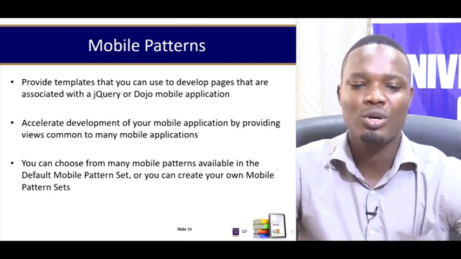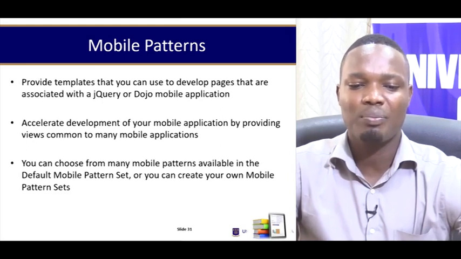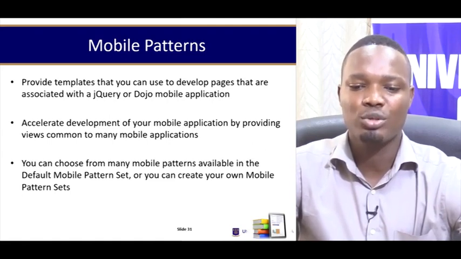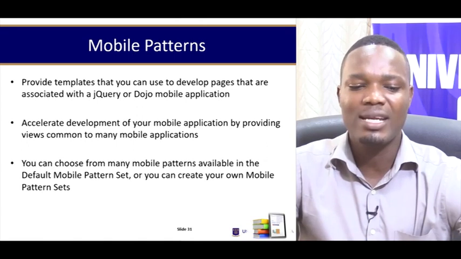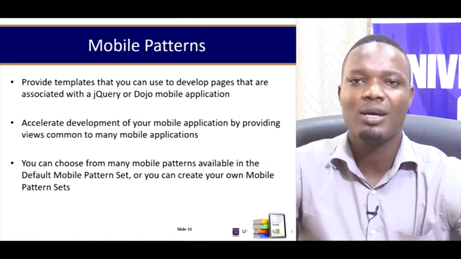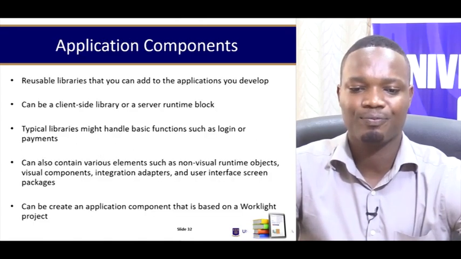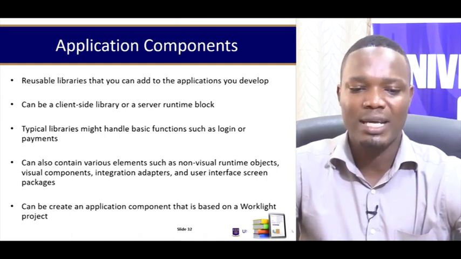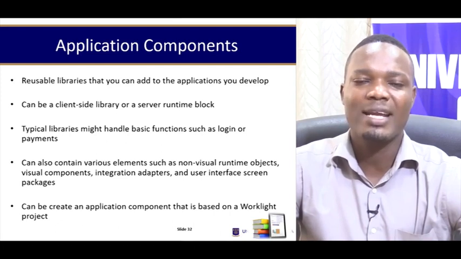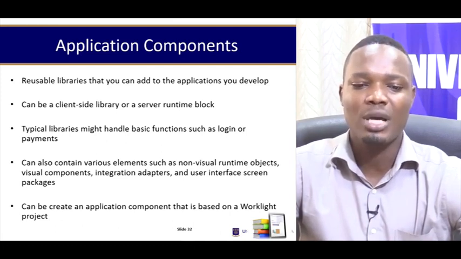Then we can also have mobile patterns. Mobile patterns provide templates that you can use to develop pages that are associated with a jQuery or a Dojo mobile application. This accelerates development of your mobile application by providing views common to many mobile applications. Finally, the application components that are provided by Worklight are reusable.